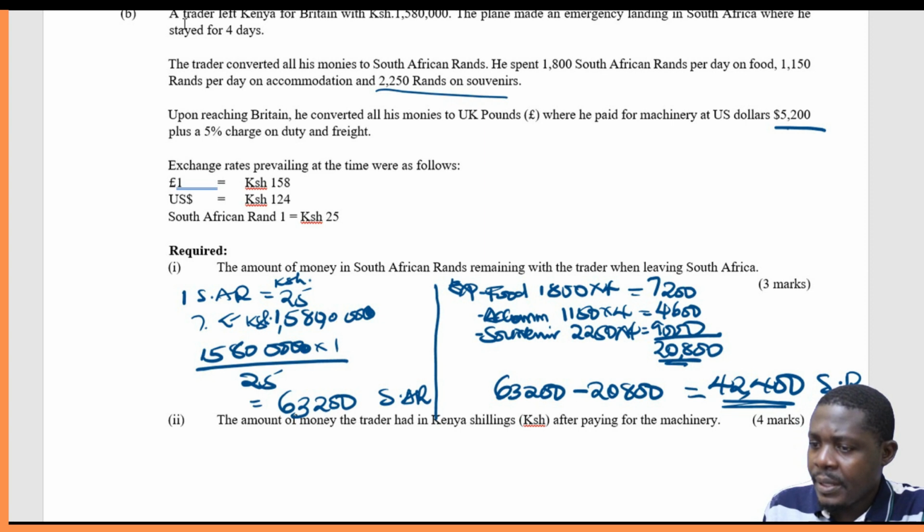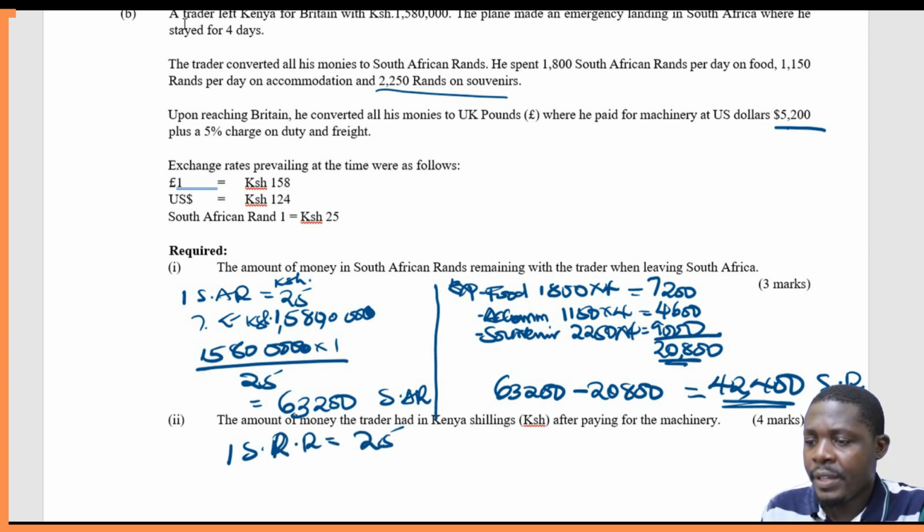Now in this case, let me convert the balance he had into Kenyan shillings. You see how much. 1 South African rand is equal to 25 Kenya shillings. What about 42,400? Will be how much?